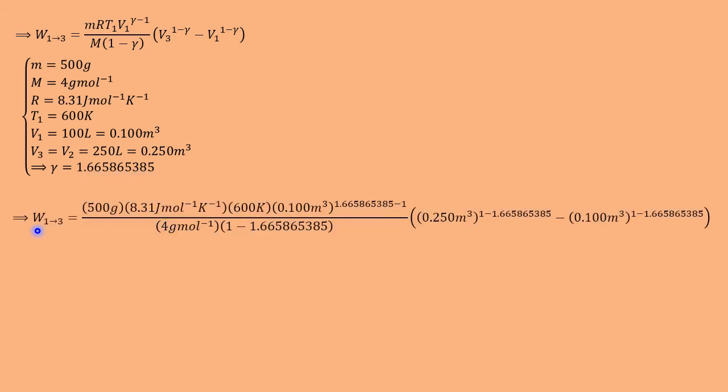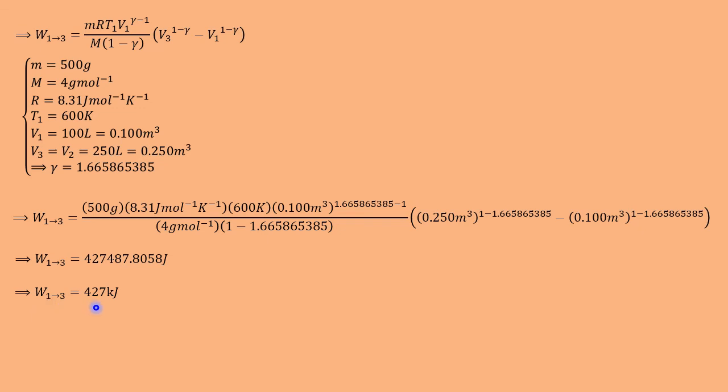So that gives us the work done from 1 to 3 when you substitute all these parameters which we have extracted. When you do that simplification, you should have W13 equal to 427,487.8058 joules.